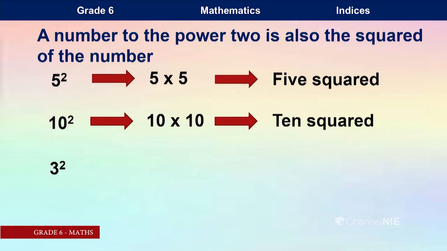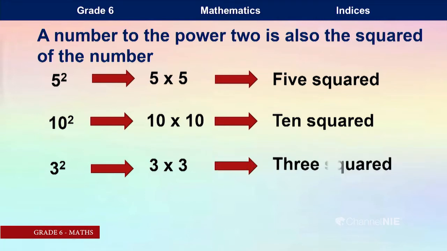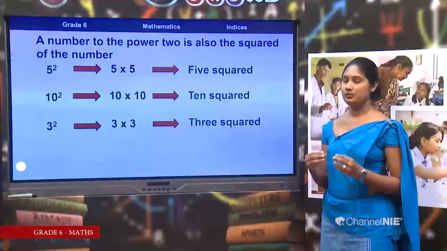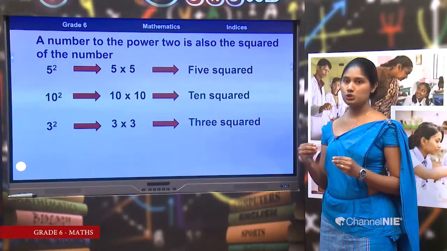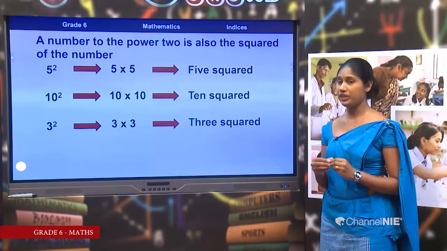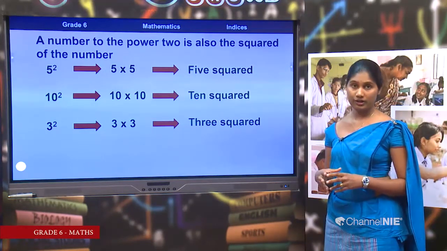Then this is 3 to the power 2, and after expanding we can write 3 multiplied by 3, and another name is 3 squared. We use the word squared when the index is 2.